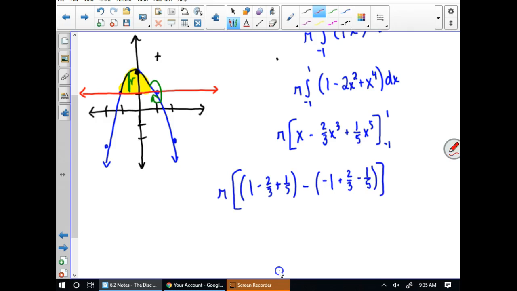And so that makes this a plus and a minus and a plus whenever we do that. So pi will have 2 minus 4/3 plus 2/5.